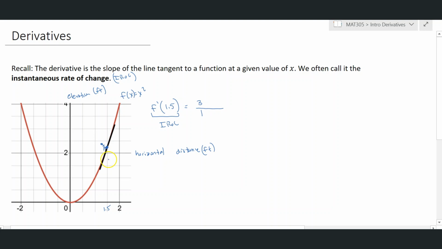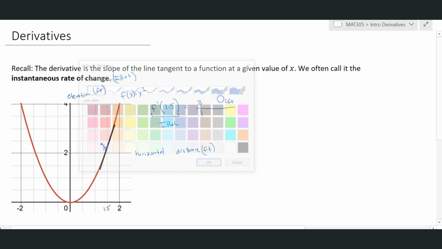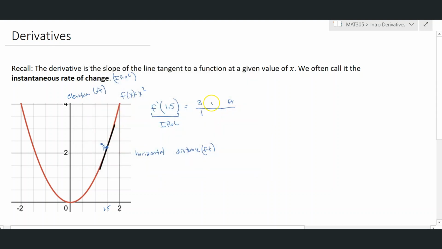So in this case, it's literally a rise because the ride is moving upwards. It would be vertical feet per horizontal foot, or feet of elevation per horizontal foot.